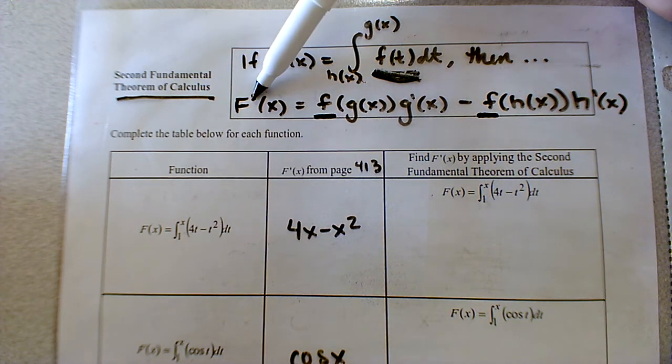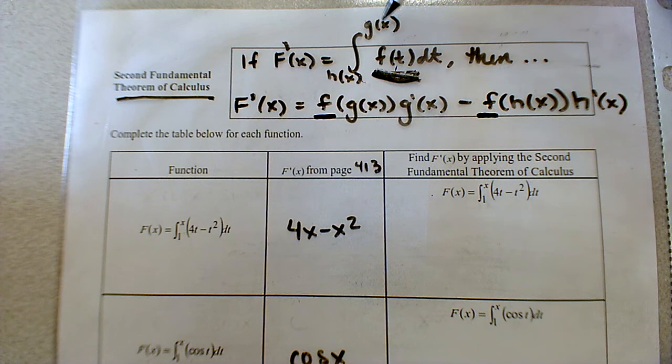Again, we're taking the derivative of an integral, so we should technically consider the derivative of the bounds as well, now that they're functions. So we're going to plug in the top bound times the derivative of the top bound, and then we're going to subtract, plugging in the bottom bound, which we see here, times the derivative of the bottom bound.